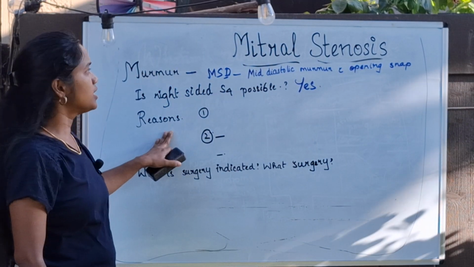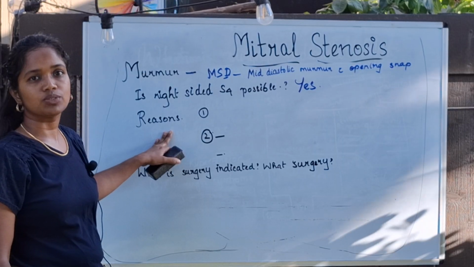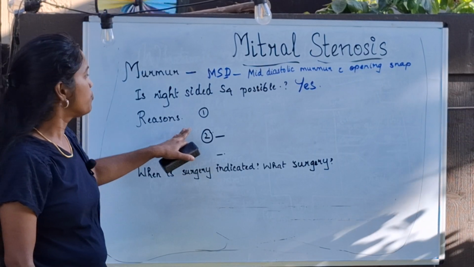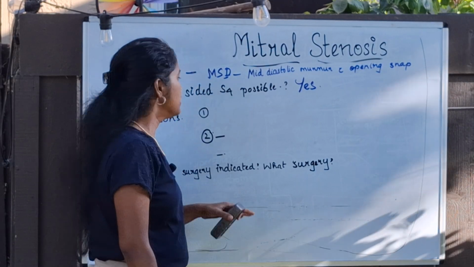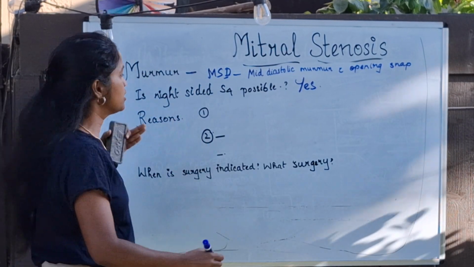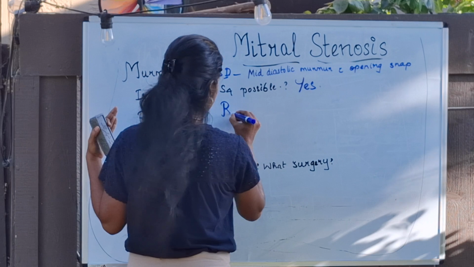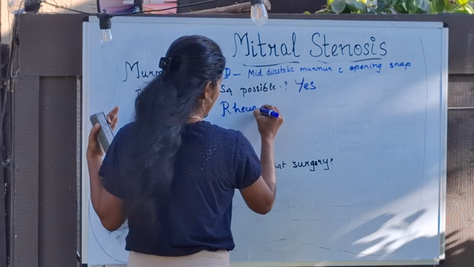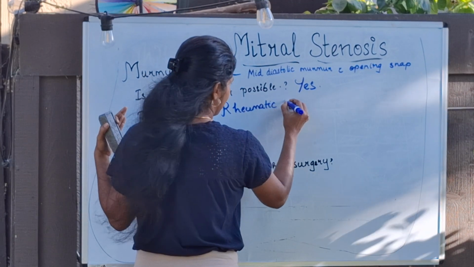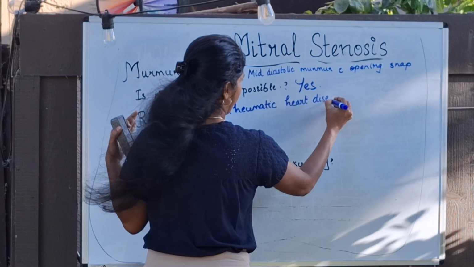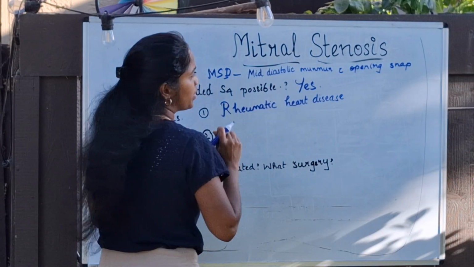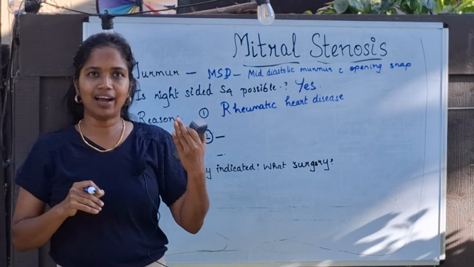Then what are the reasons for mitral stenosis? The first and most important reason for mitral stenosis is rheumatic heart disease. What happens in rheumatic heart disease?